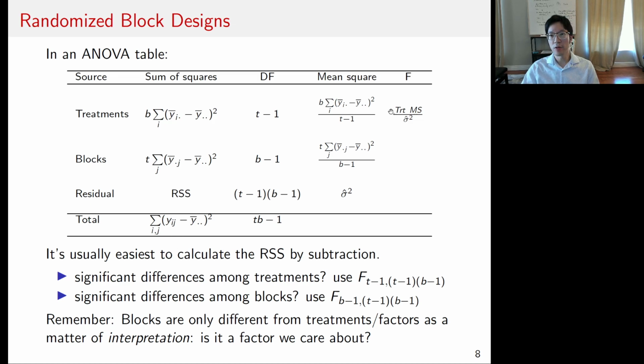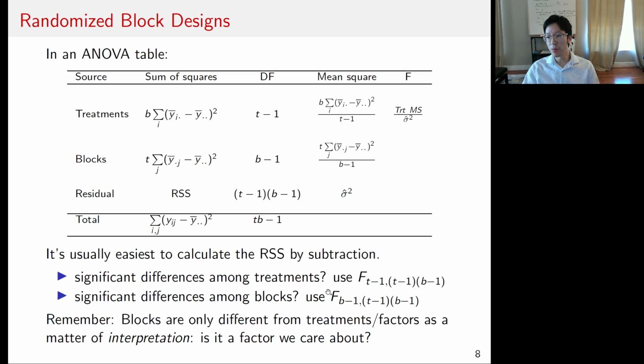Now we know that there are two possible F tests that you can do here. Usually the one we care about is the F test for the significance of treatments, and that's this one here. It's the mean square for the treatment divided by the residual mean square. That's usually the F statistic we use to ask the question of whether there are any significant differences among treatments.